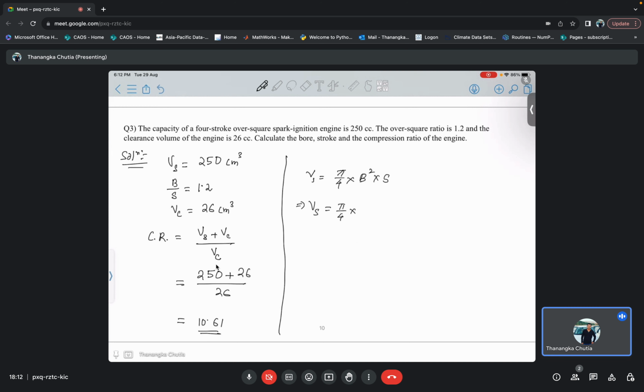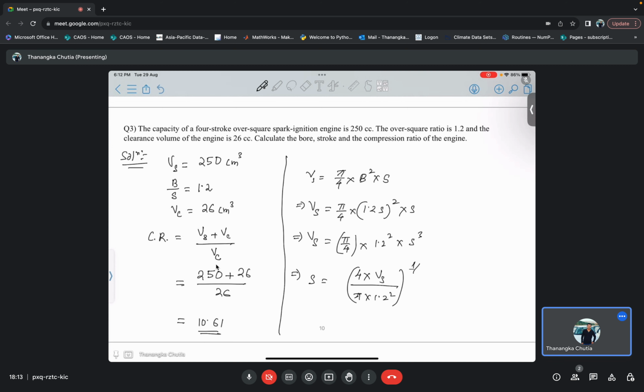B is 1.2 times S, whole square, into S. So Vs will be equal to pi by 4 into 1.2 square into S cube, and from here S will be nothing but 4 into Vs divided by pi into 1.2 square, whole to the power 1 by 3.